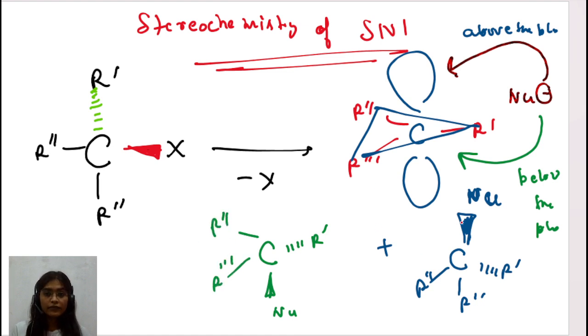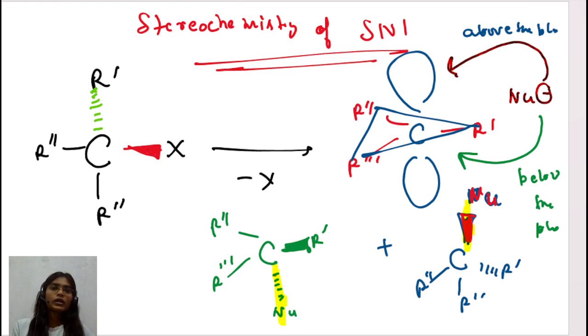See the difference: if it is attacking above the plane, the nucleophile is here, and if it is below the plane, it is going to be at the dash position. Sorry, so this is below the plane, like this. See the difference between the nucleophile above and below.